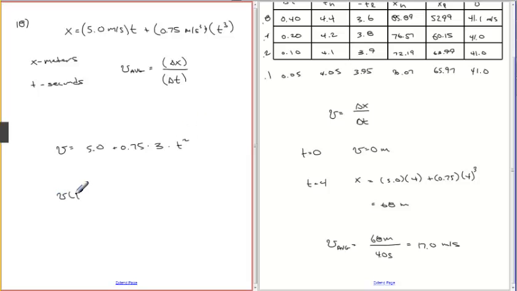So if we put the velocity at t equals 4 in there, we will get 5.0 plus 0.75 times 3 times 4 squared. That's 5 plus 0.75 times 3 times 16, and we get 41 meters per second.